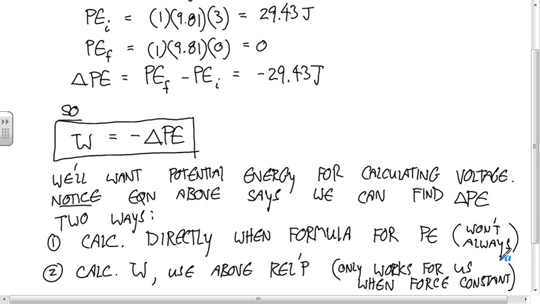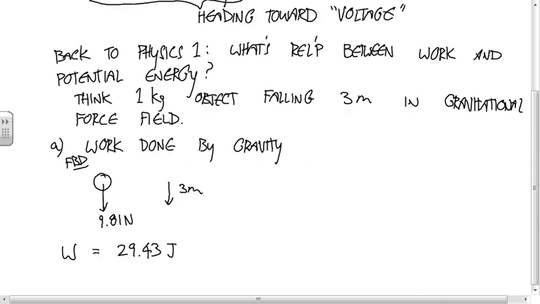Yeah. For the first one, the free body diagram one, it was 29.43, the same thing. Was it for calculating the work or the potential energy? Work, and then you calculate the potential.